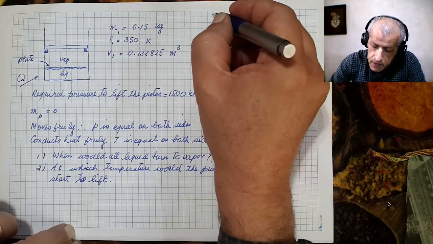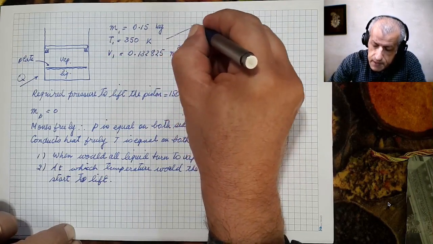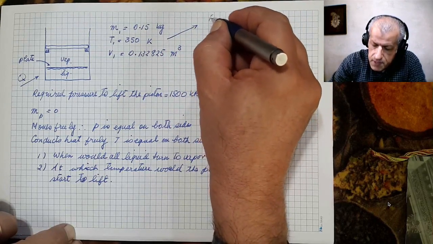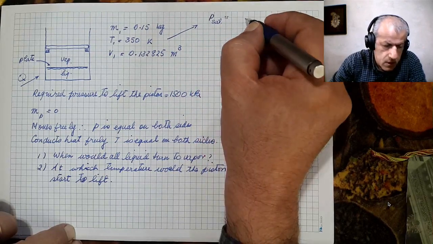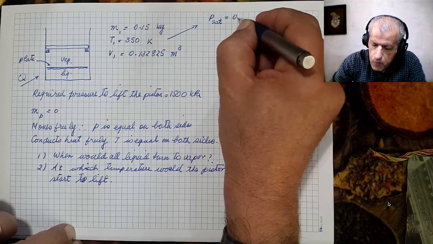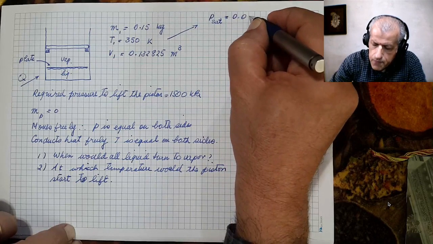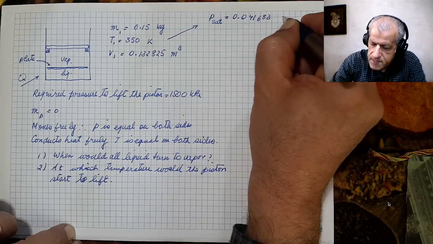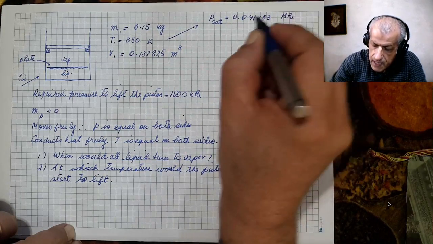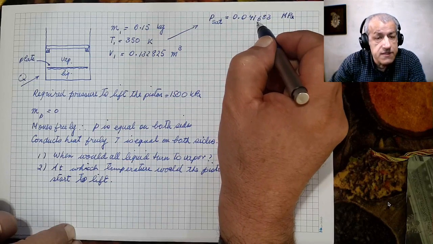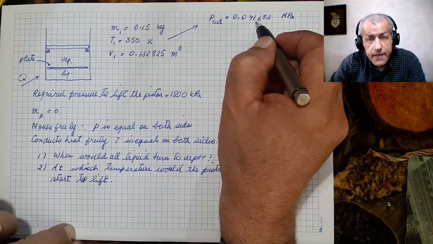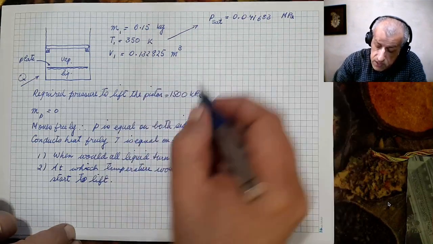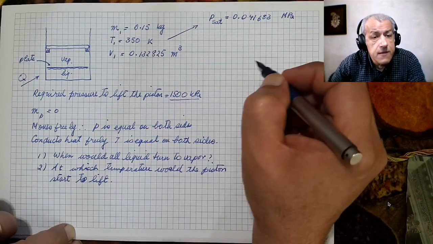What we learned for it is that at these properties, at this temperature, the saturation pressure Psat equals 0.041683 megapascals, which is equivalent of 41.6 kilopascals, and this is far less than the 1500 kilopascals, which is required for lifting the piston.